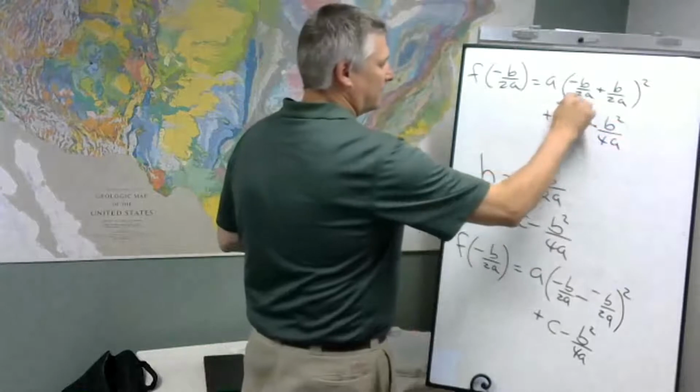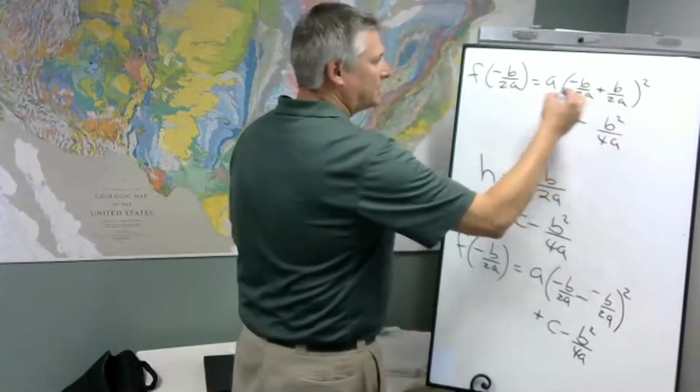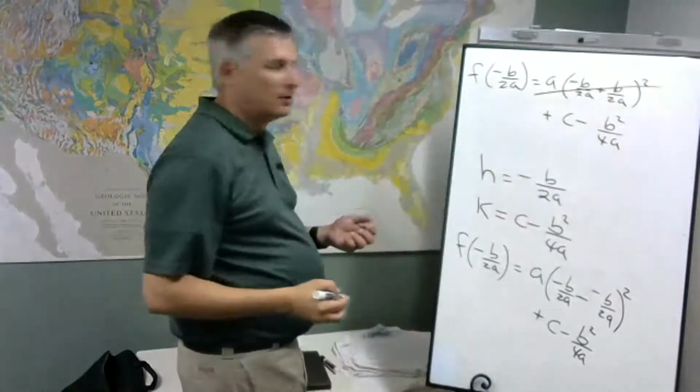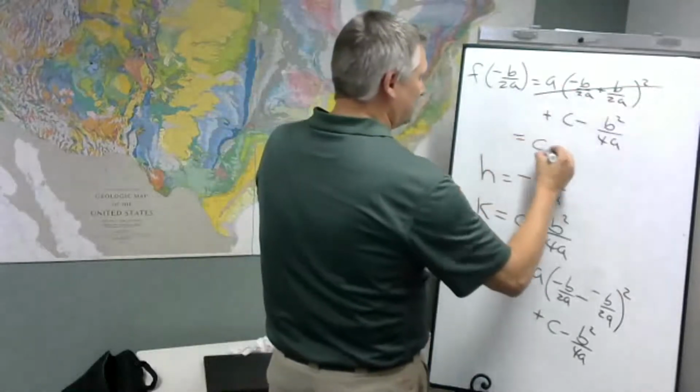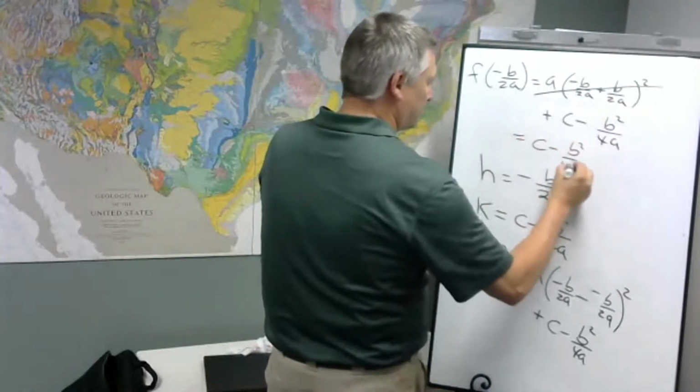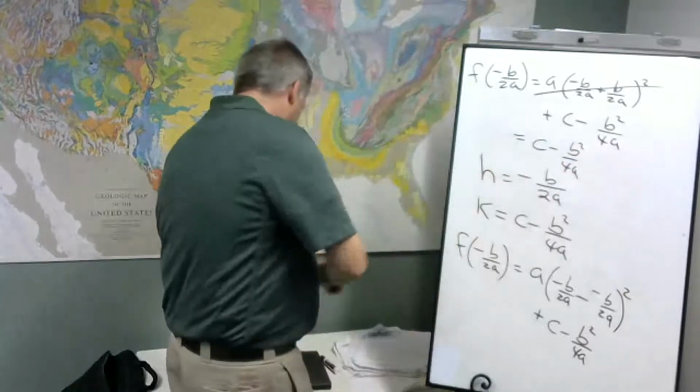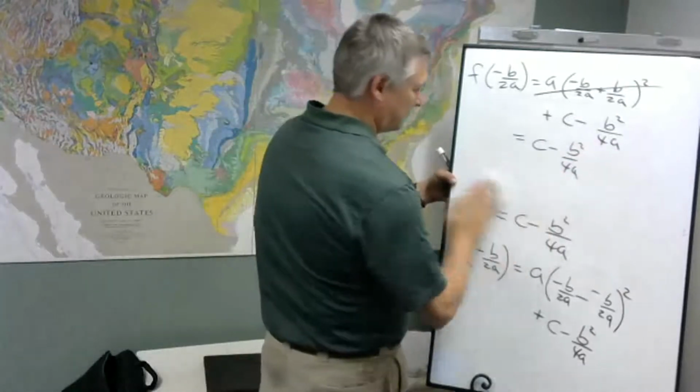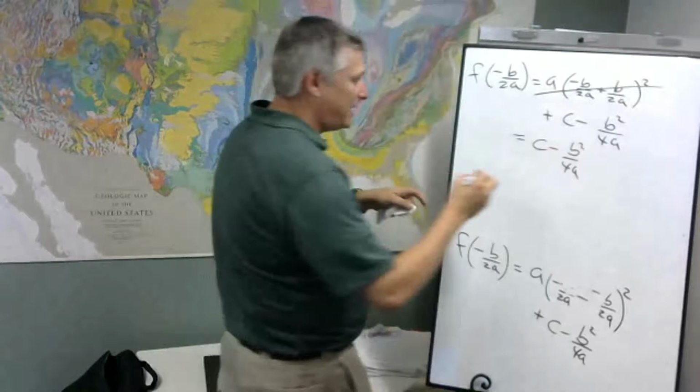And this right here just becomes 0. So all we get is c minus b squared over 4a. And that's just k.